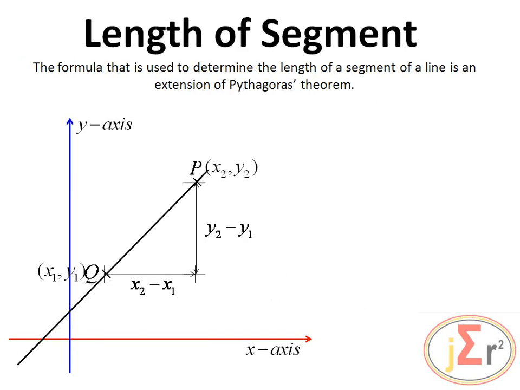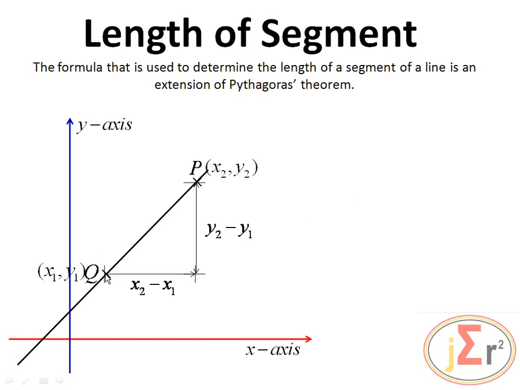The formula that is used to determine the length of a segment of a line is an extension of the Pythagoras theorem. We are going to be looking in this section at the length of a segment. That is, if we have a portion of a line that is marked by 2 points, we can find the length associated with that.